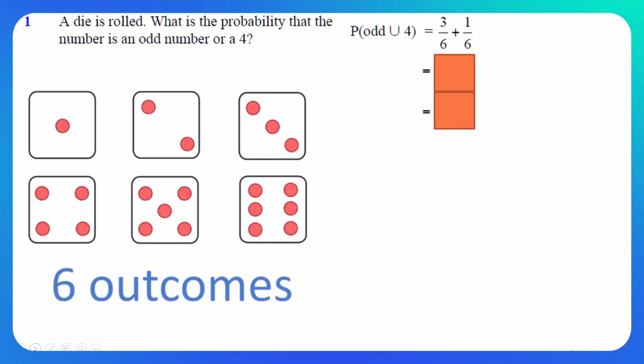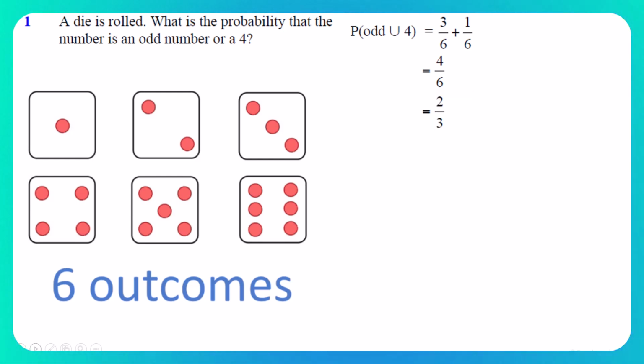To work this problem out, you have 3 out of 6 that are odd. We're going to add that when we say or, using this symbol that looks like a U. And then add that to the number of possibilities of rolling a 4. There's 1 out of 6. 3 out of 6 plus 1 out of 6 equals 4 out of 6.